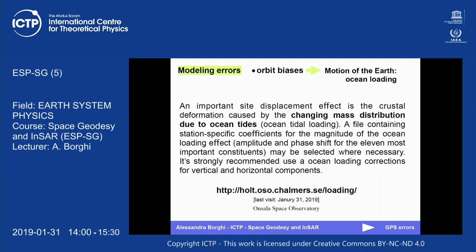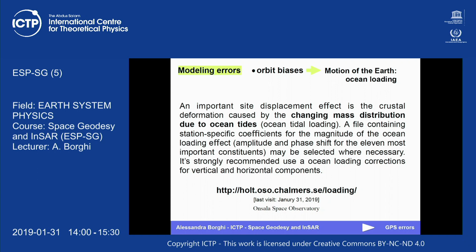Okay, we know that due to the attraction of the moon and the sun on the Earth we have tides of the ocean, and this tide has an effect on the Earth, because the Earth is not a rigid body but an elastic body. So we have a different distribution of the masses of the Earth. And we have to take into account this effect also.